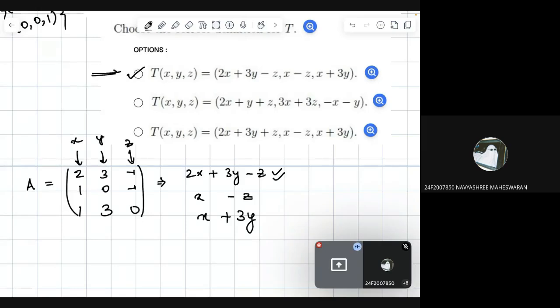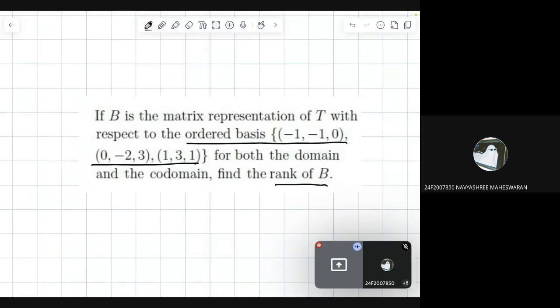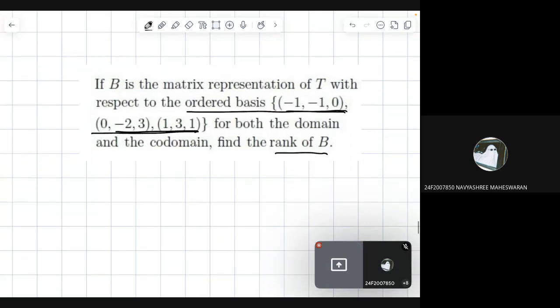We are going to apply this transformation to the elements of the basis for the matrix B. T of x, y, z is equal to 2x plus 3y minus z, x minus z, x plus 3y.